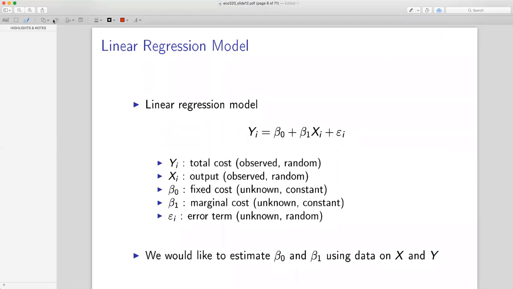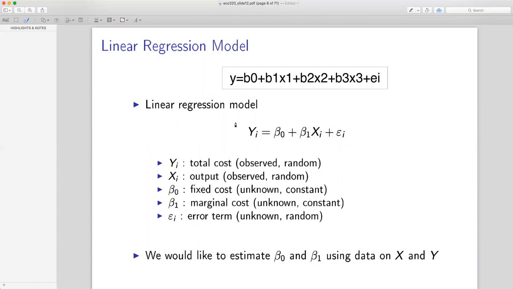If we extend this to the multiple regression model, since this simple regression model has only one x, you can simply extend it to y equals beta 0 plus beta 1 x1 plus beta 2 x2 plus beta 3 x3, and then some epsilon i, something like that.